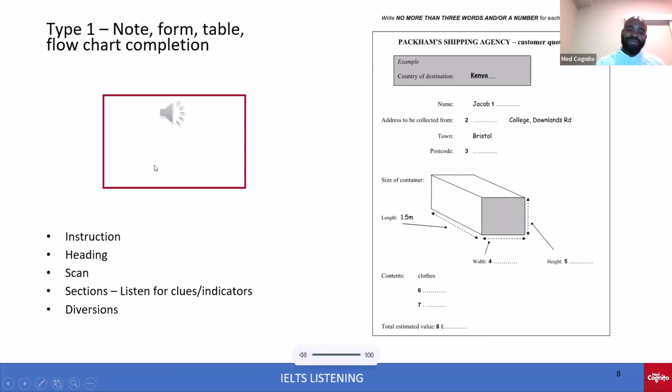You will hear a telephone conversation between a customer and an agent at a company which ships large boxes overseas. Good morning. Packham's shipping agents. Can I help you? Oh, yes. I'm ringing to make inquiries about sending a large box, a container, back home to Kenya from the UK. Yes, of course. Would you like me to try and find some quotations for you? Yes, that'd be great. Thank you. Well, first of all, I need a few details from you.